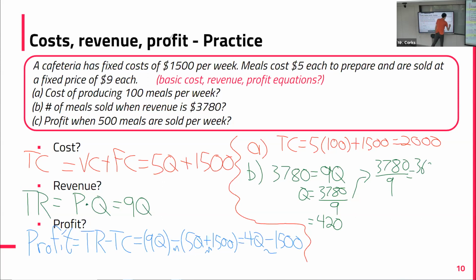So 3,600 over 9 plus what's left over, 180 over 9. Then this is probably easy enough to do in our heads. 36 divided by 9, that's 4. And just put the 2 zeros back. 18 divided by 9, that's 2. Add one more 0. 400 plus 20 is 420.